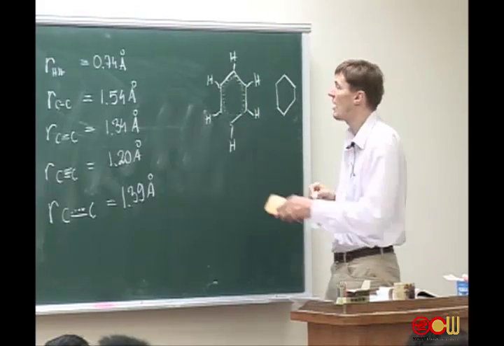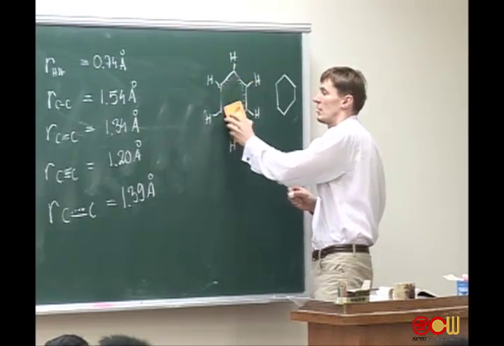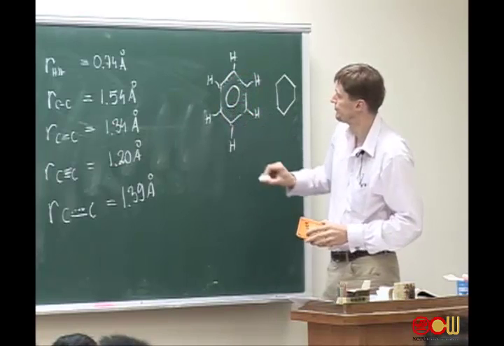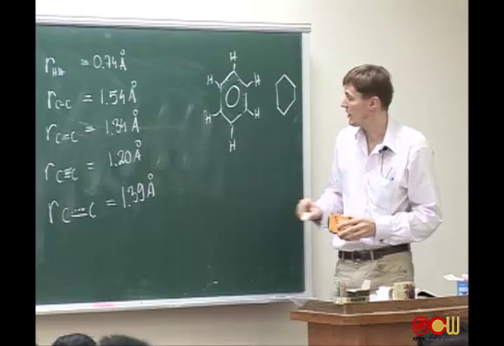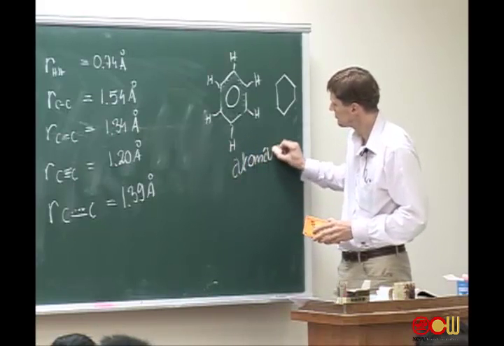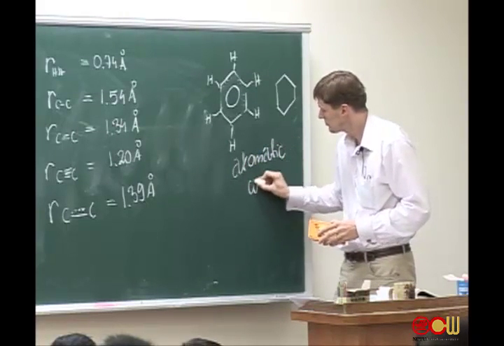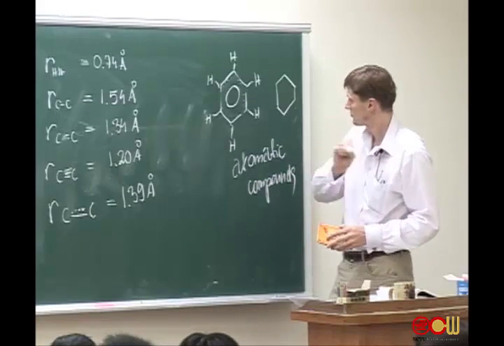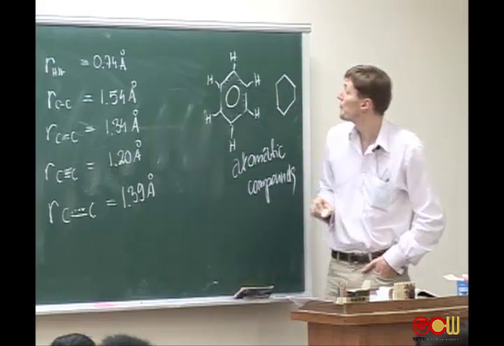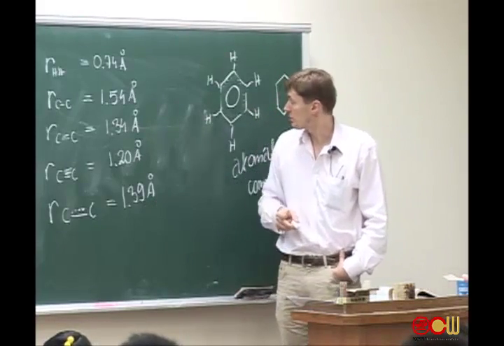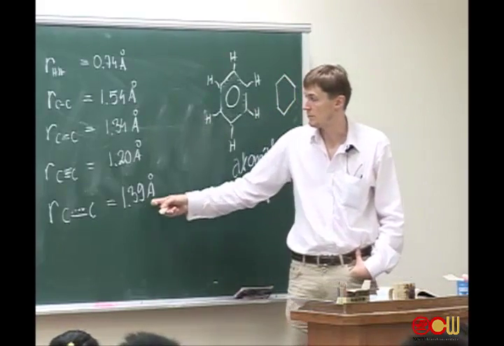Another way of putting a half bond is making a circle here. And these are called aromatic compounds. Okay, let's continue. So you have an example of a molecule with 1.5 bond, benzene, with the bond length 139.